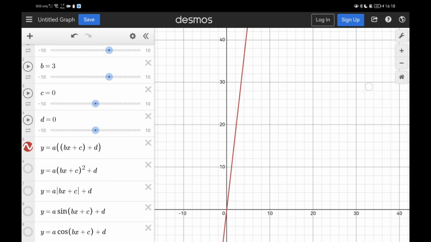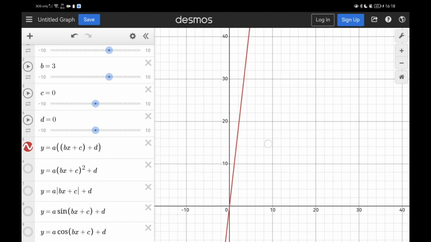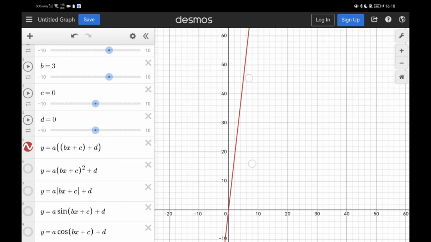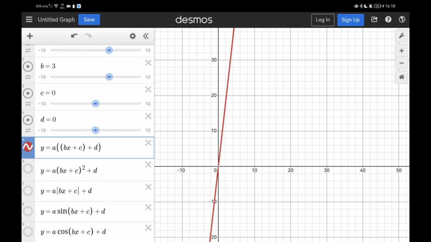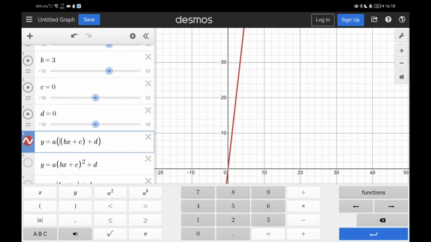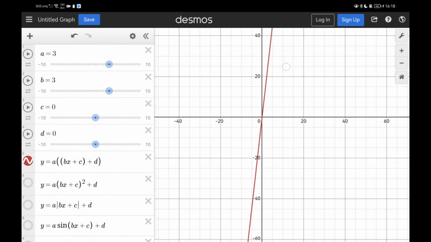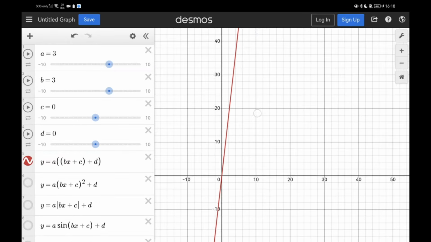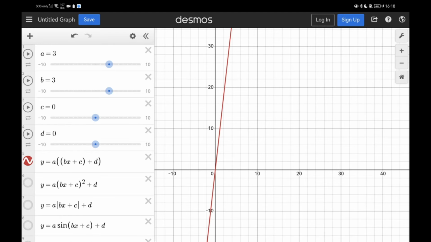Alright, okay, so this is how you understand the stretching that is parallel to the x-axis with scale factor of 1 over b. Okay, so that's the end of this interpretation for the three transformations for a linear function. Okay, so let's reset back.